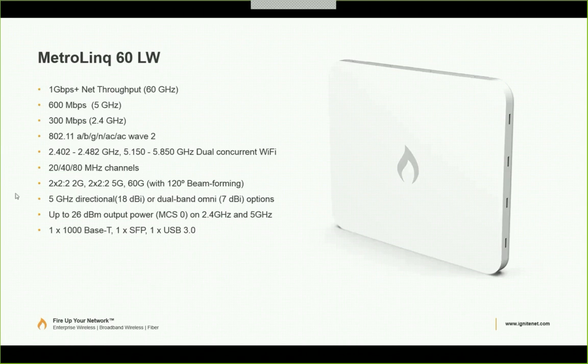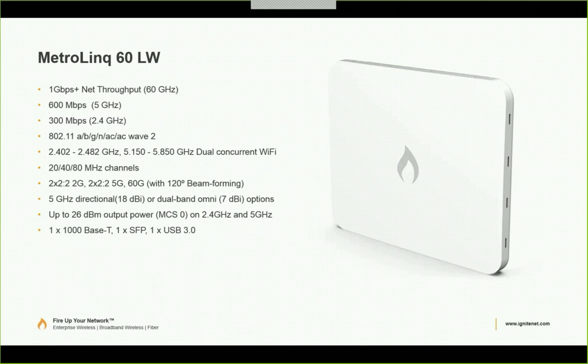It's available in 2 models. You can get a dual band Omni version, which has a 7 dBi 5 gigahertz antenna, or you can get the 5 gigahertz standard version, which has a more directional 5 gigahertz antenna at 18 dBi.